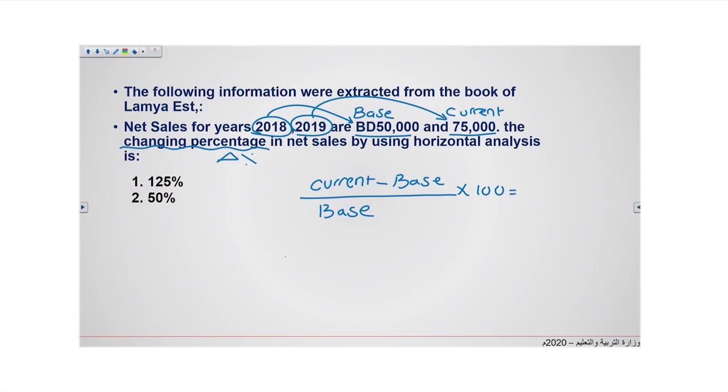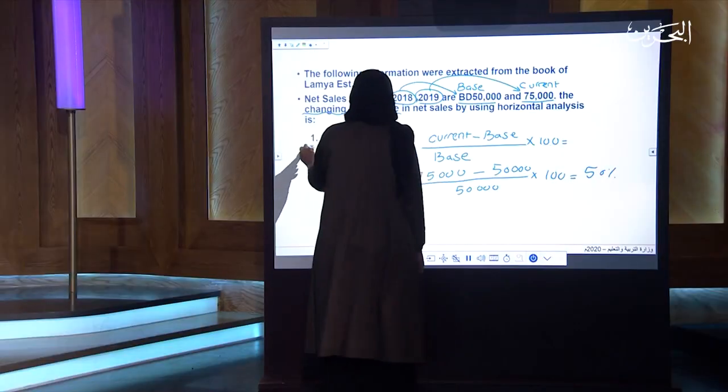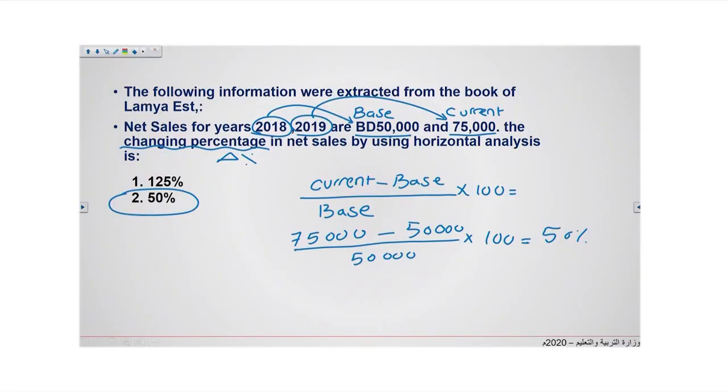Okay, the current amount is 75,000 minus 50,000 over 50,000 multiplied by 100. So the answer is 50%. So we have to choose 50%.